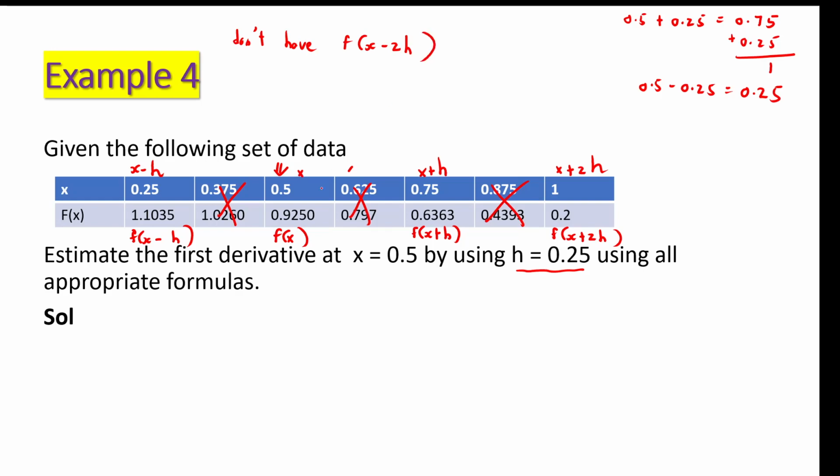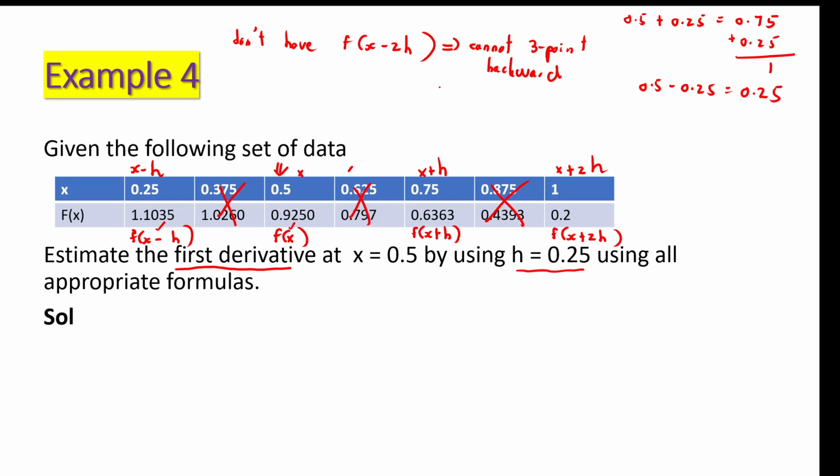Hence, you cannot calculate using 3-point backward, because 3-point backward needs f(x) as 1 point, f(x-h), and f(x-2h) as the third point, but you don't have f(x-2h). We just want the first derivative, so you cannot use 3-point backward.